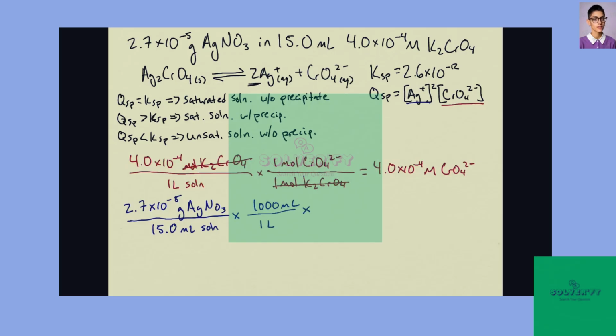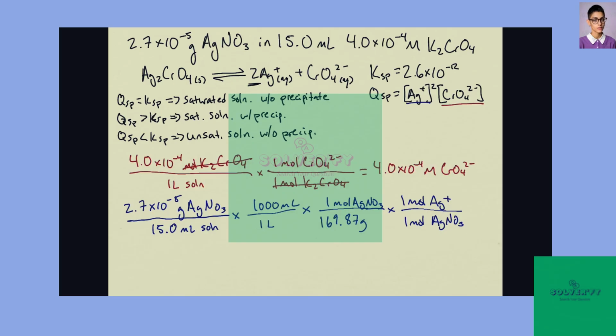Then we can convert our grams of AgNO3 to moles of AgNO3. And to do this, we need the molar mass of AgNO3. Using a periodic table, we can calculate this to be 169.87 grams for every mole of AgNO3. Then, for every 1 mole of AgNO3, we have 1 mole of Ag+.